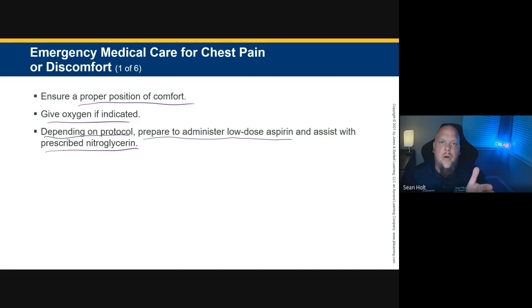Give them one spray of nitroglycerin under the tongue, 0.4 milligrams, or give them one tablet of nitroglycerin under the tongue, sublingually, 0.4 milligrams, right? So remember those dosages, write those dosages down, study them. Remember 324 milligrams of aspirin, 0.4 milligrams of nitro, okay?